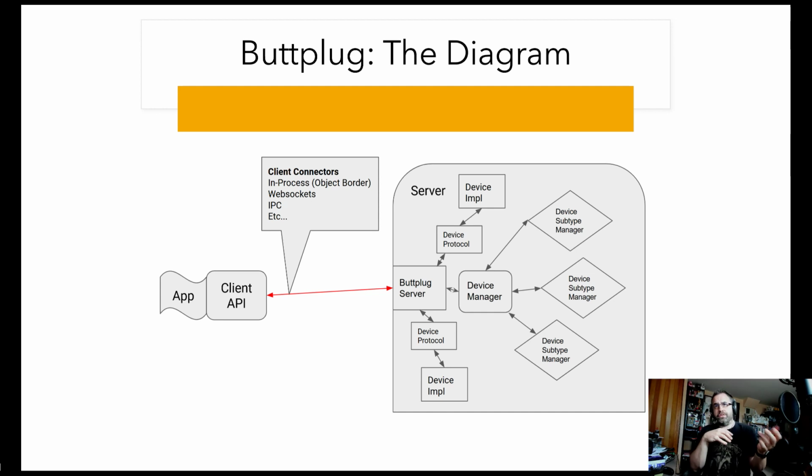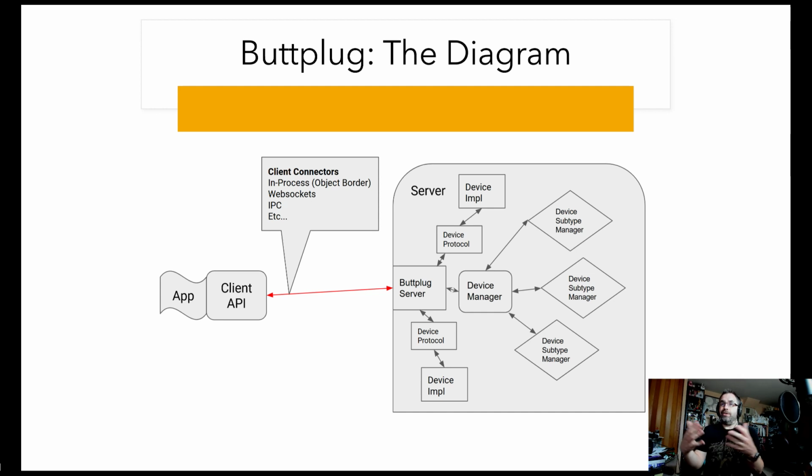We can do this over WebSockets if a user does need to access stuff through Interface Desktop, and it looks 99% the same. The only thing you do to change a Buttplug application from using an in-process system to using an out-of-process system like WebSockets or inter-process communication pipes is to just change this connector object.